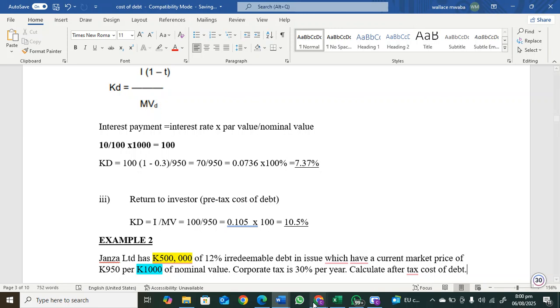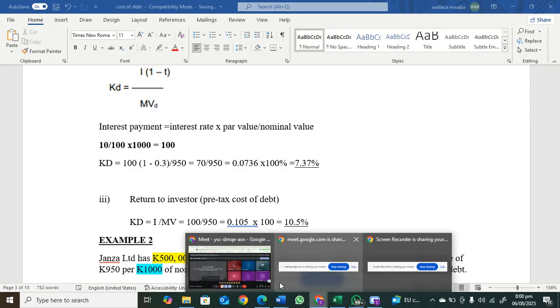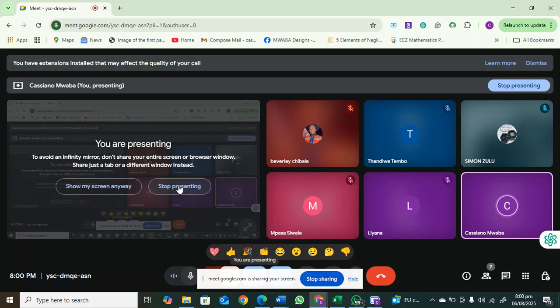Colleagues, do you know how to tell if debt is irredeemable? Because in the questions, they are not going to tell you that this is irredeemable. The way you tell is that in the question there is no maturity date. Please take note of this.